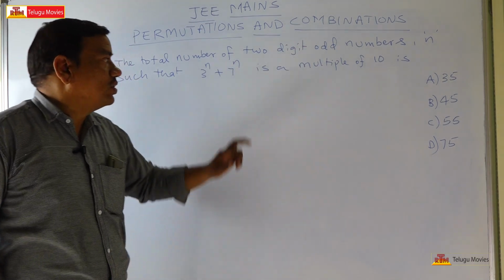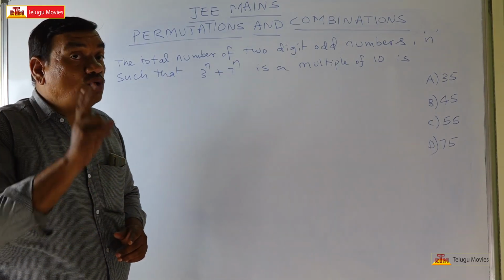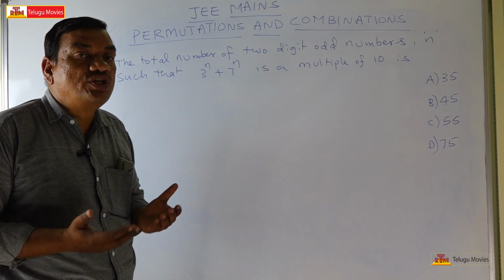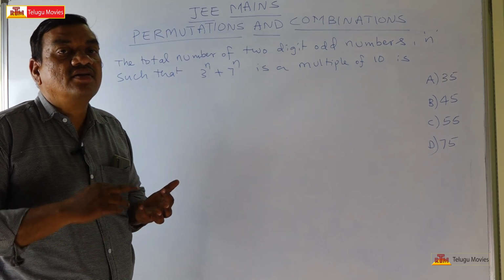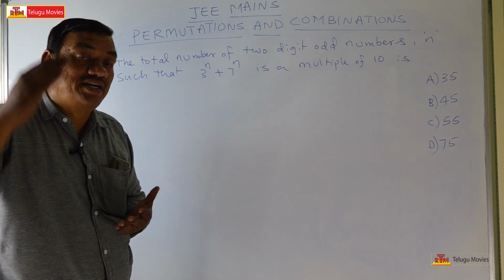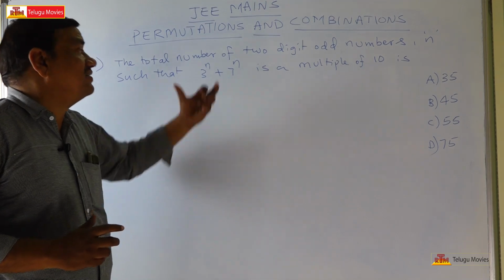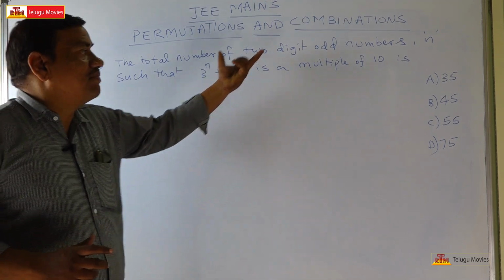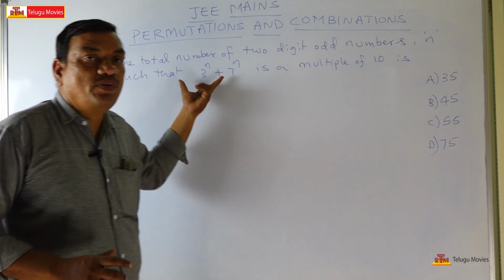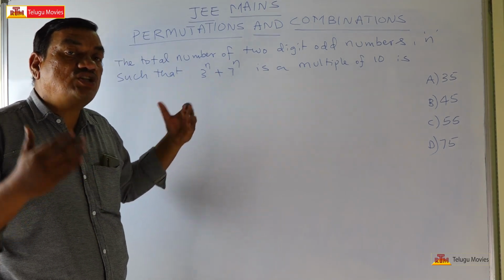That means you have to find the two-digit odd numbers, 11, 13, 17 and so on up to 99, such that this sum is a multiple of 10. That means it should be 10 or 20 or 30 or 50, and so on.